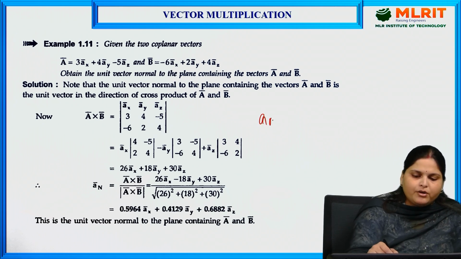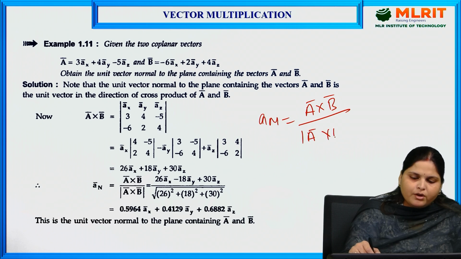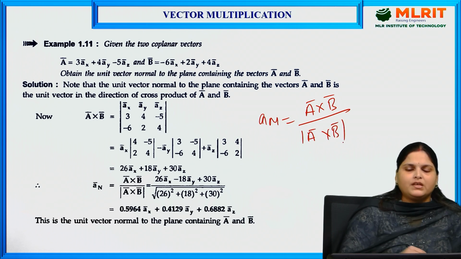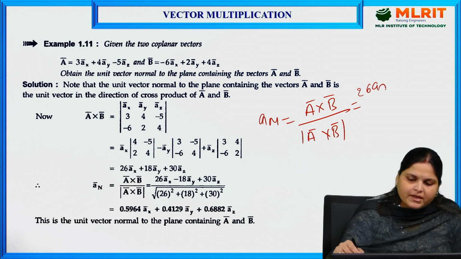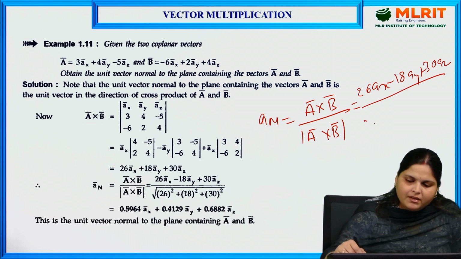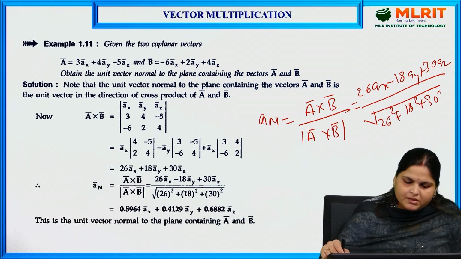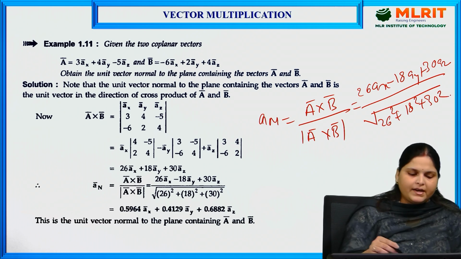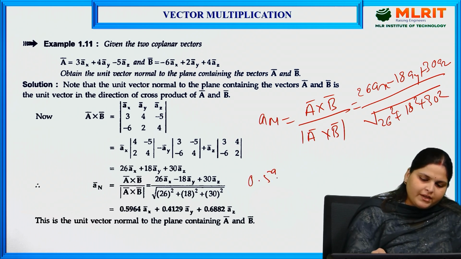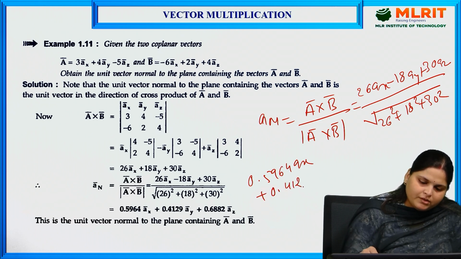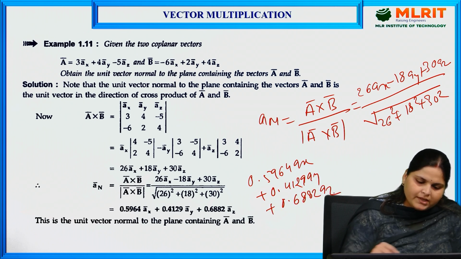Now to find an, the formula is A cross B divided by the magnitude of A cross B. So we take 26ax minus 18ay plus 30az divided by the square root of 26 squared plus 18 squared plus 30 squared, and the answer will be 0.5964ax plus 0.4129ay plus 0.6882az.